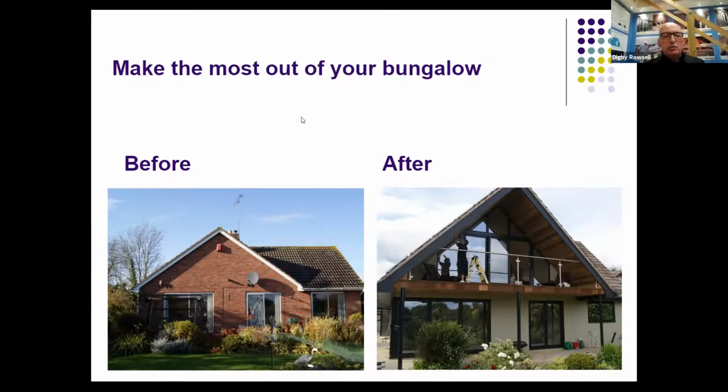They decided to do a repitch, so put a slightly steeper roof pitch on the building and convert the whole of the roof for accommodation. And you can see on the right-hand side the end of conversion, and it just looked nothing like the original building. They obviously did lots of work at ground floor level as well as the loft conversion to completely modernize the building, and the painting of the walls disguised all the alterations and things. So it was an absolute transformation.